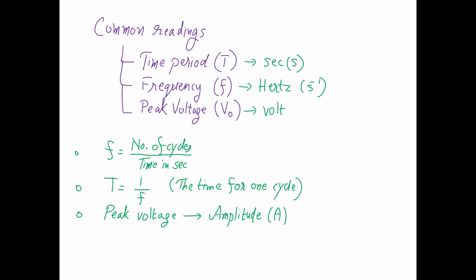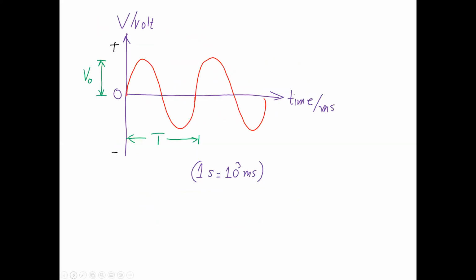Done. Now, this is a graph memory callback. Y-axis is amplitude, which is the peak voltage. You can see x-axis, the time for one cycle. The time for one cycle is time period, and 1 second is 10 power 3 millisecond. This is a quick recall, and I hope if you copy it, you can recall it back.